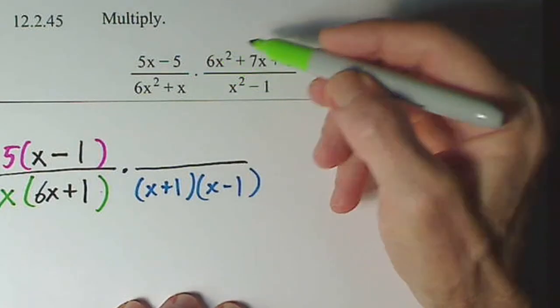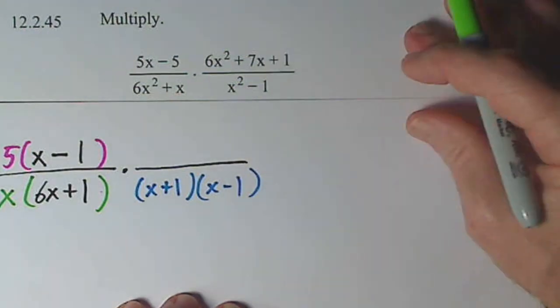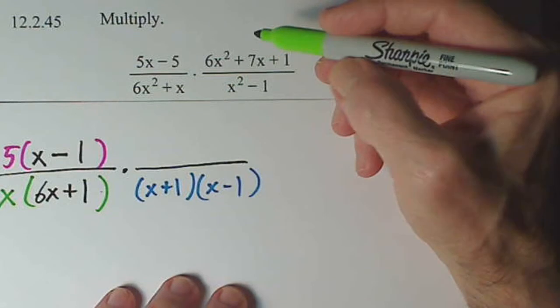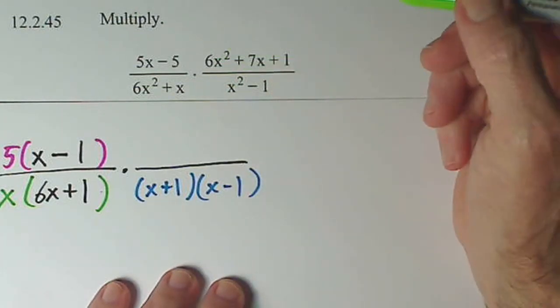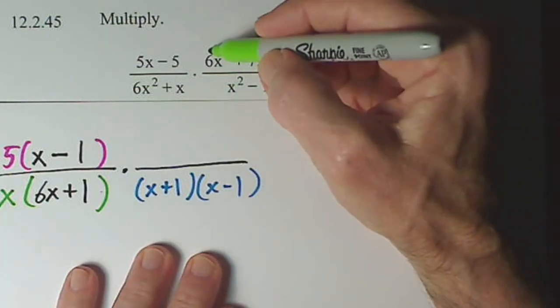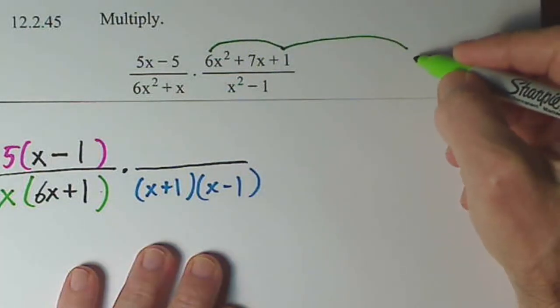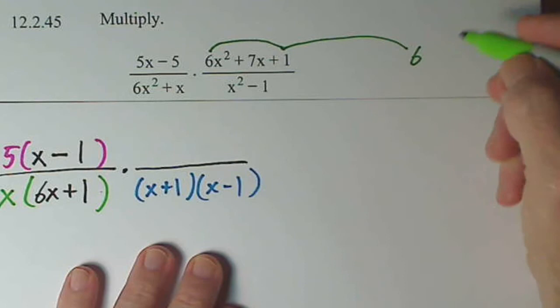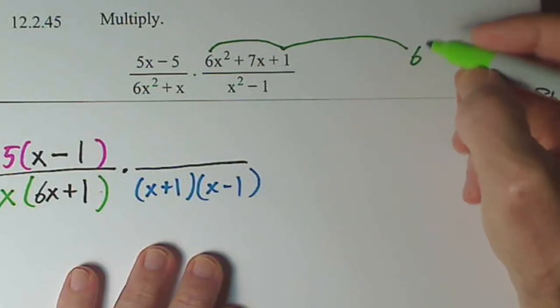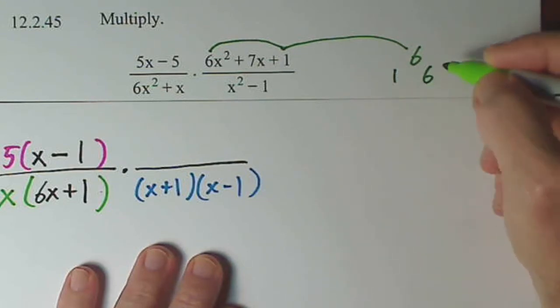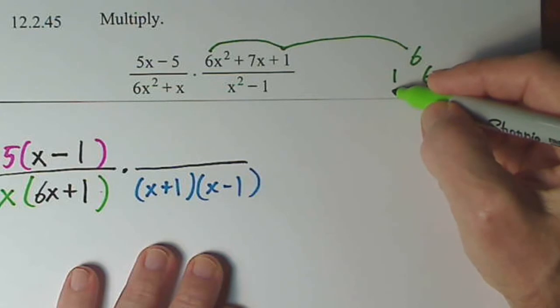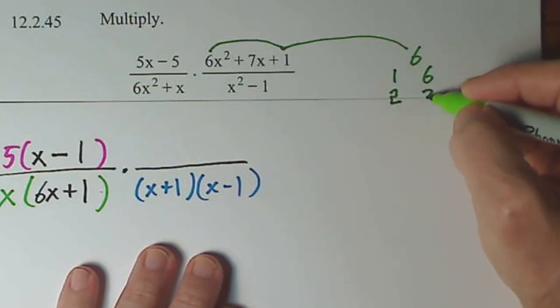If you have a leading coefficient other than 1, you have to go through some steps. Whether you use factor by grouping or the box, you have to multiply the first term times the last term. Take a look at your result, which is 6, and list all the factors. That would be 1 and 6, 2 and 3.